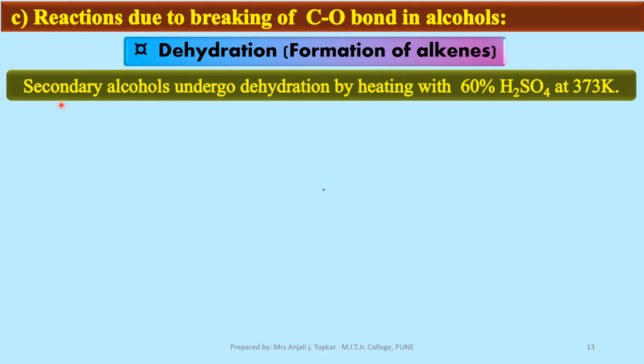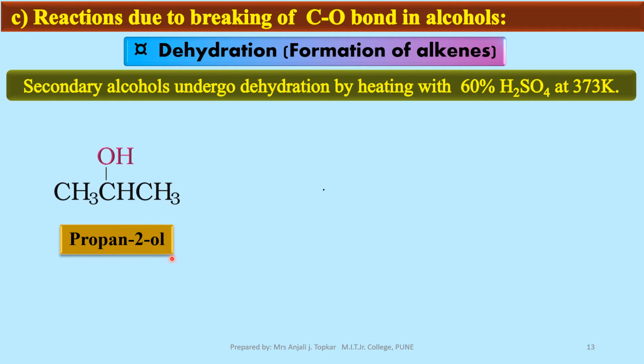Let's see the dehydration reaction in case of secondary alcohols. Secondary alcohols undergo dehydration by heating with 60% H2SO4 at 373 Kelvin. Propan-2-ol undergoes dehydration in the presence of 60% concentrated H2SO4 at 373 Kelvin.